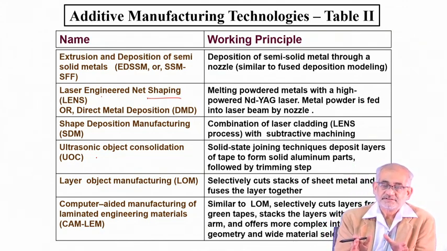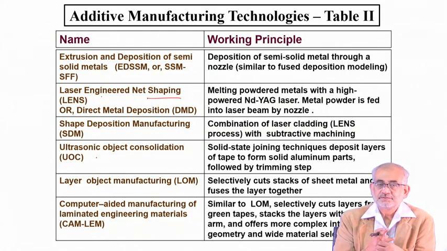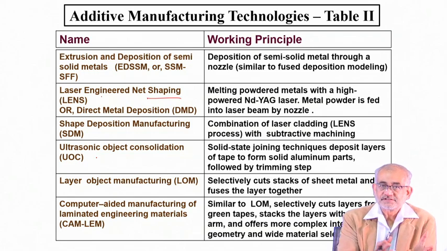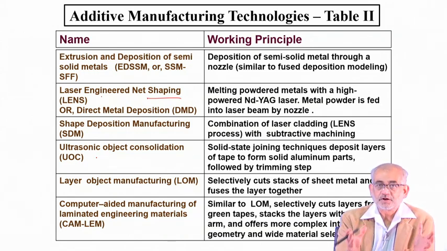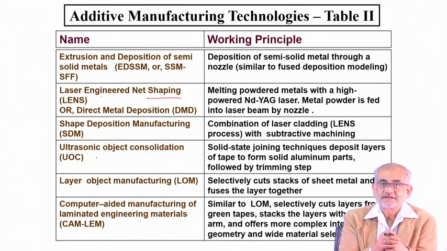But this is very much in its infancy. It's in the nascent state. Nobody can claim that tomorrow itself I am going to build a complete engine block using direct manufacturing, laser-based direct manufacturing, because it has to go through various forms of testing, characterization, certification. Then only you'll have the reliability.